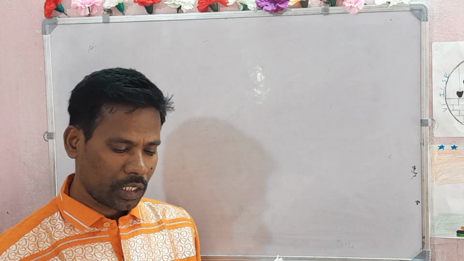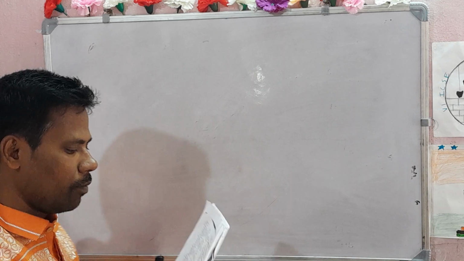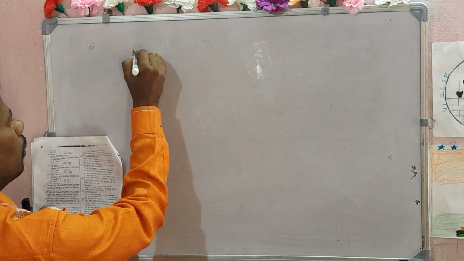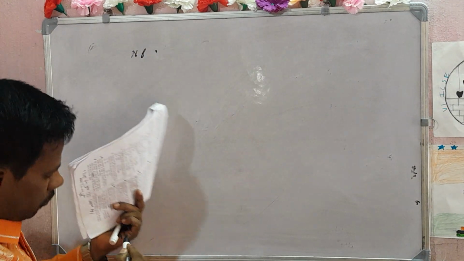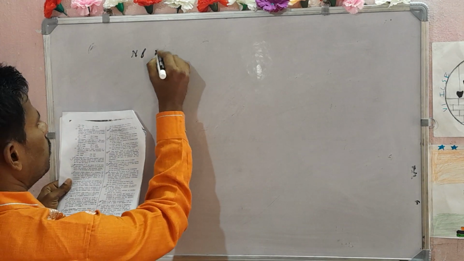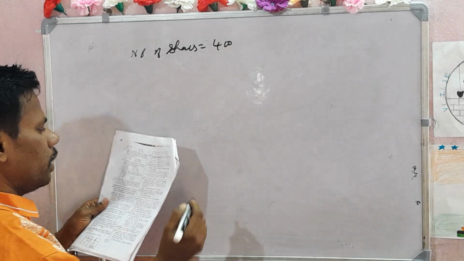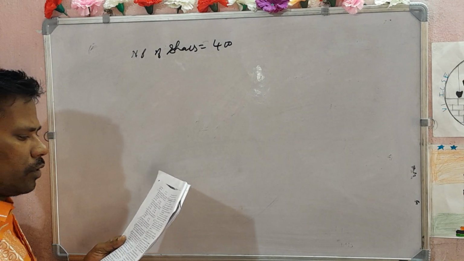First let me write what the given conditions are. A man buys how many shares? Number of shares is 400.